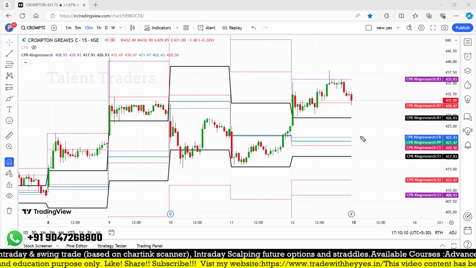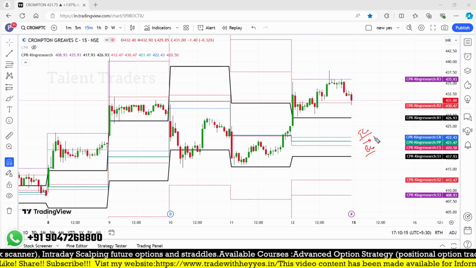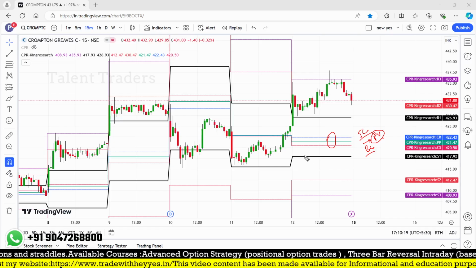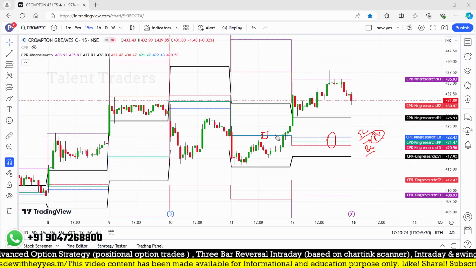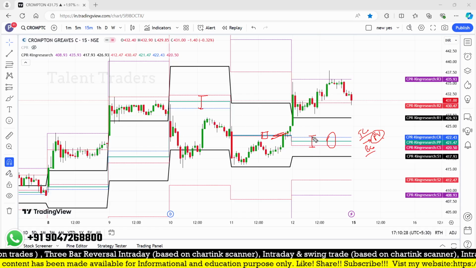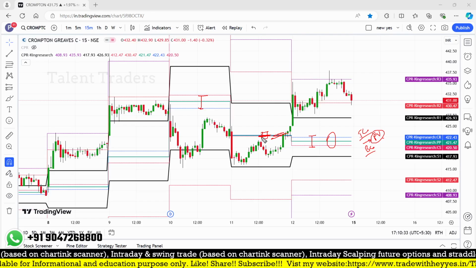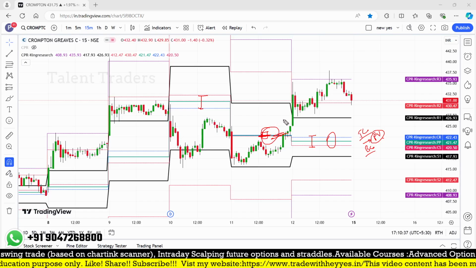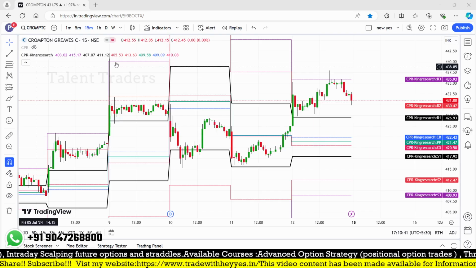Here you can see TC is top central and BC is bottom central, along with the pivot point. Only these three factors we are mentioning in this scanner to find such a day, where it is very narrow compared to others. Here there is a distance, here also there is a distance, and here it is very narrow in range. The scanner finds any stock forming such a narrow CPR pattern, so let me simply find it.